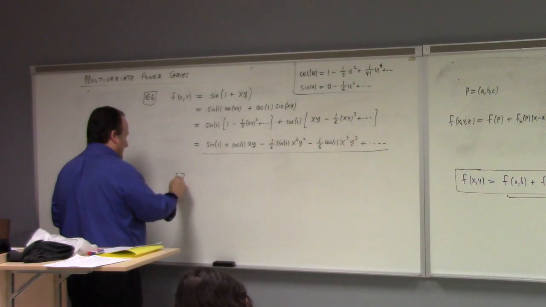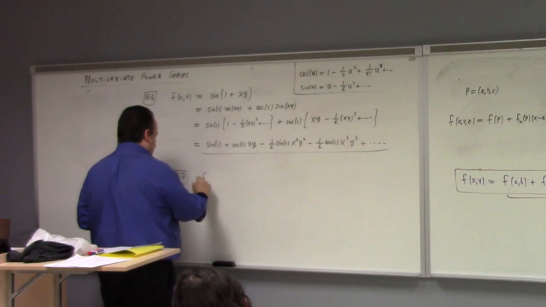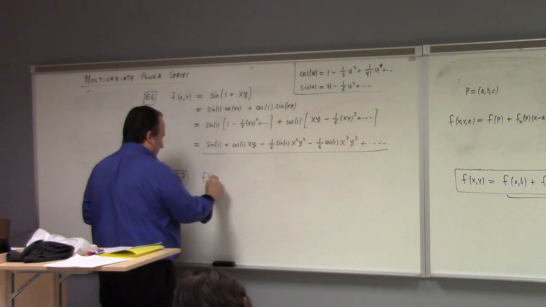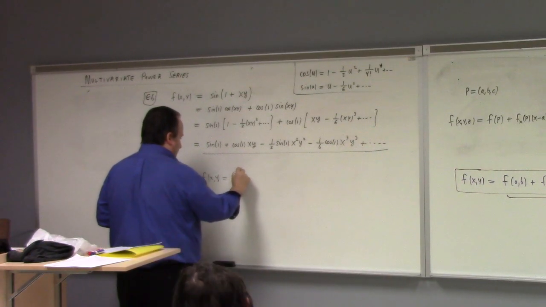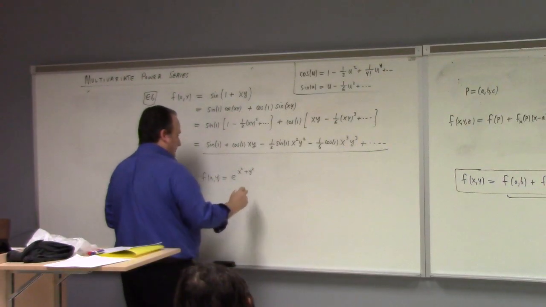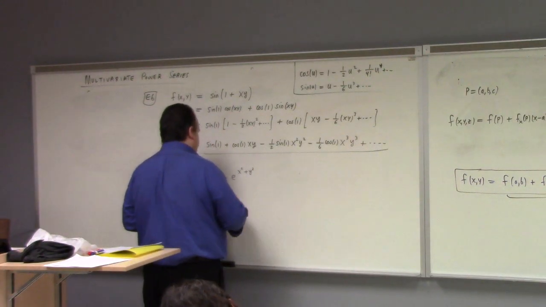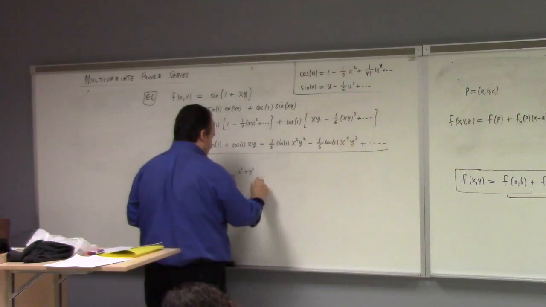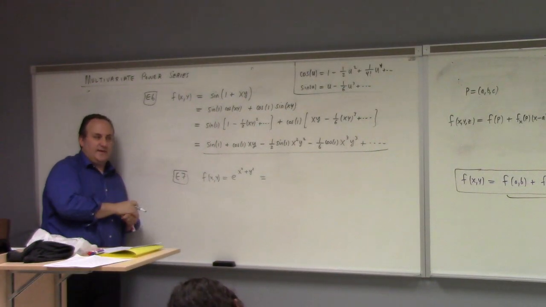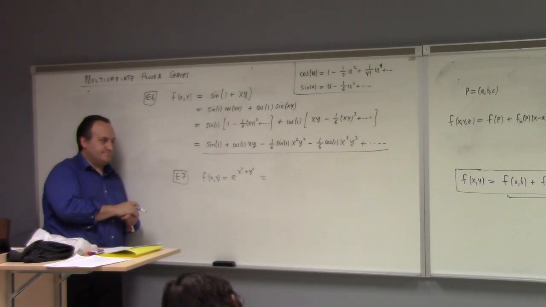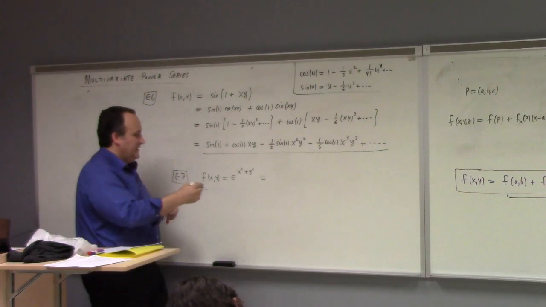E to the x. All right, so suppose we have f of xy equals e to the, let's say, x squared plus y squared. What should I do here? Again, at the moment I'm just trying to find the expansion about 0. Maybe tomorrow we'll look at one that's not around 0 a little bit, but the exponent, I like that.